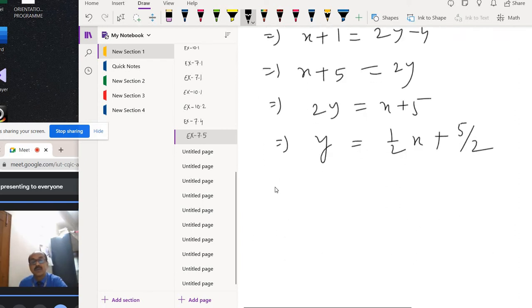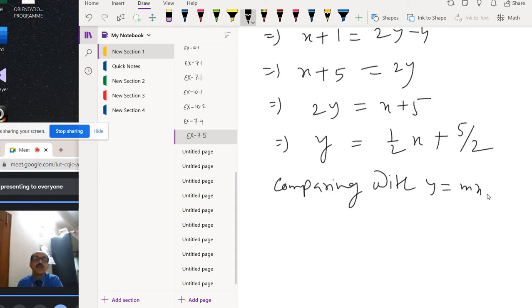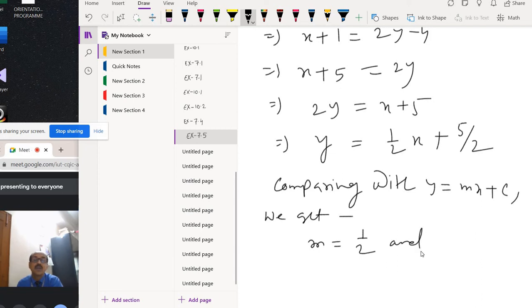Comparing with y equal to mx plus c, m equal to 1 by 2 and c will be equal to 5 by 2. This is the answer. Find the value of m and c: m equal to half and c equal to 5 by 2.